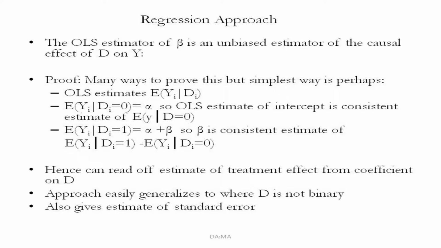The approach easily generalizes to where d is not binary, which is again an improvement over the framework we saw earlier, where you take the mean difference between the treatment group and the control group, and the treatment has to be a dummy, a binary variable.